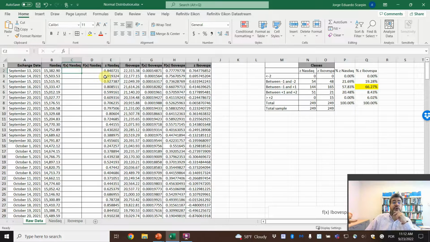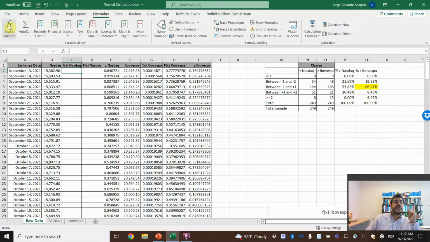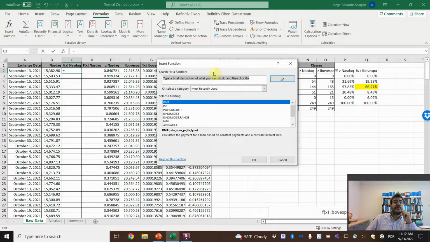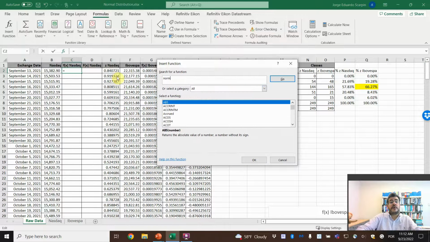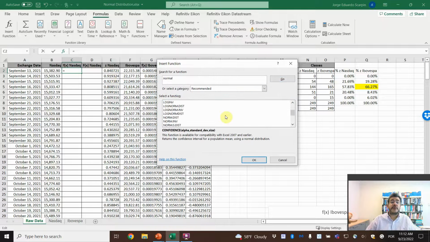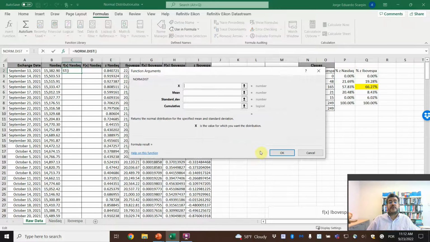So let's go to the formula of NASDAQ. We can go on formula, insert function, and so on. Let's see if we have something here. Norm distribution. And what do we have? The x, the number that we want to calculate.